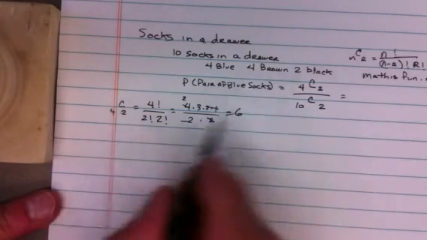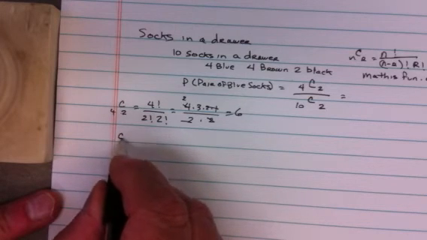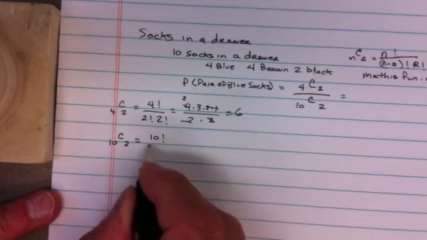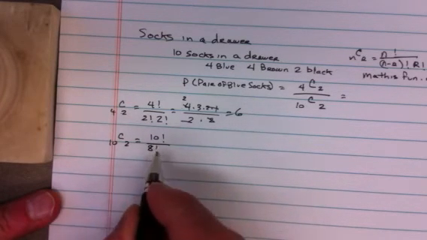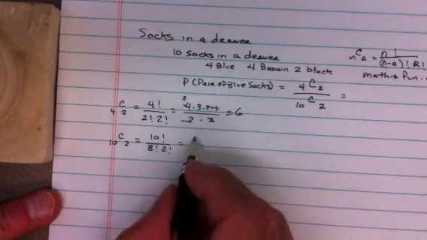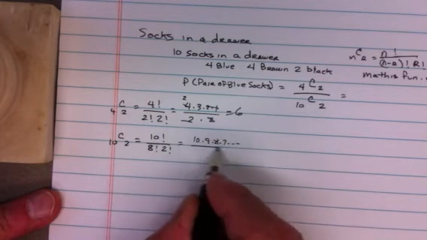To see it again, the denominator is 10 choose 2. Again, the numerator is n factorial, so that's 10 factorial. The denominator is 10 minus 2, or 8 factorial. And then this is 2 factorial. 10 factorial is 10 times 9 times 8 times 7, and so on.